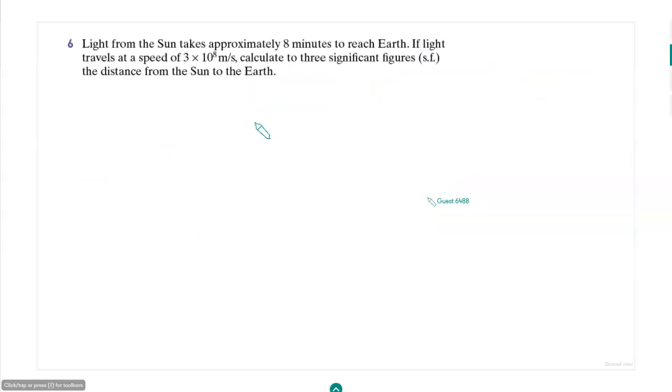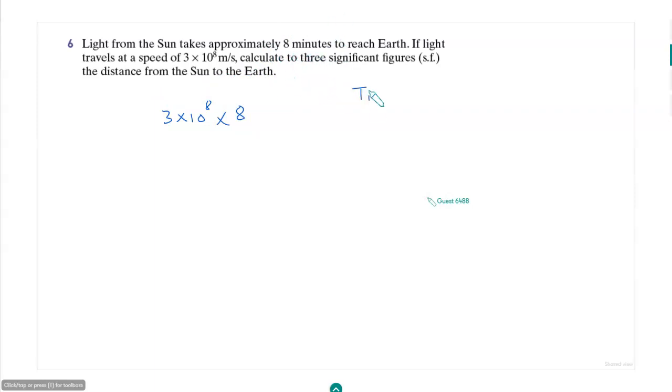Okay, try this. First tell me your steps. Speed is 3 times 10 to the power of 8, and time is 8 minutes. Yes. So distance.